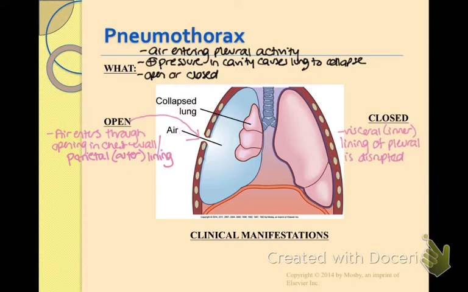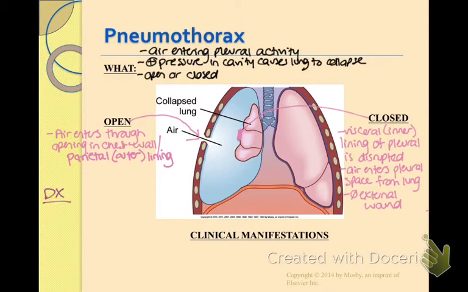A closed pneumothorax is where the inner lining of the pleura is disrupted. So we're talking about along here. So air comes from the lung itself and escapes into the pleural cavity. There's no external wound.